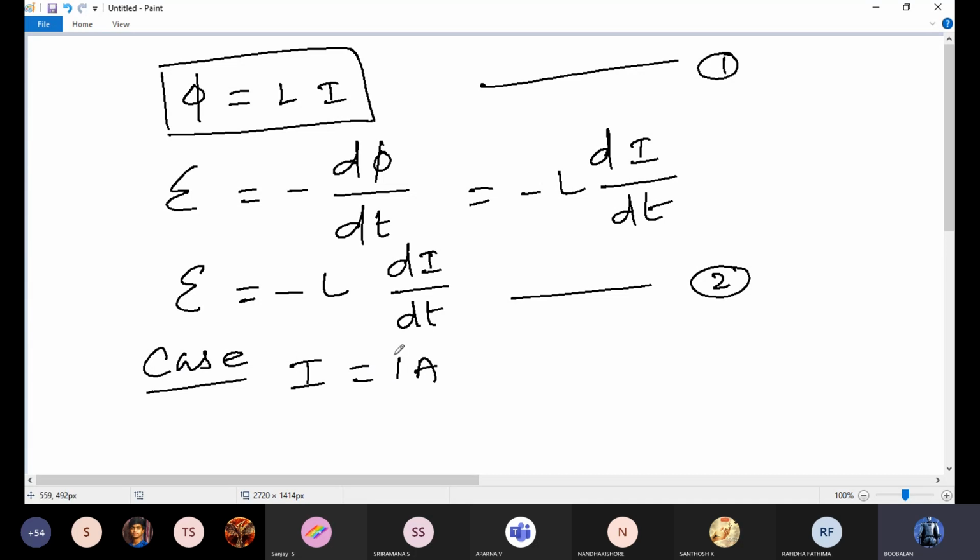Then you will get the phi value is equal to L. So magnetic flux and the coefficient of self-inductance are both equal. The magnetic flux linked with the coil, for unit current, is equal to L.